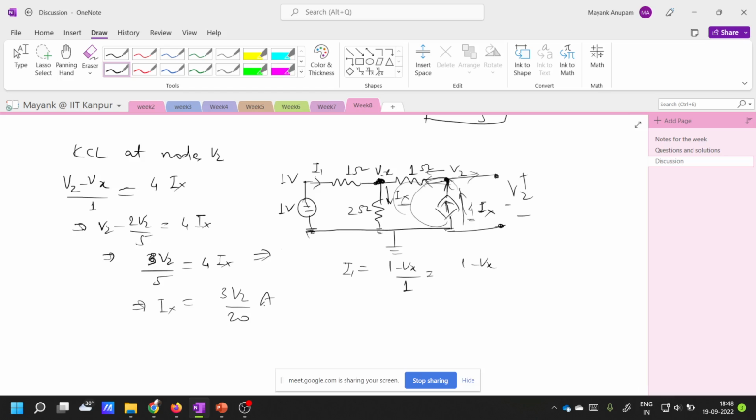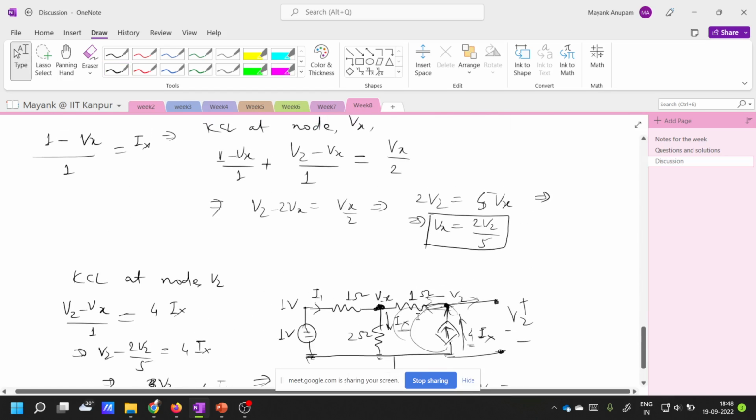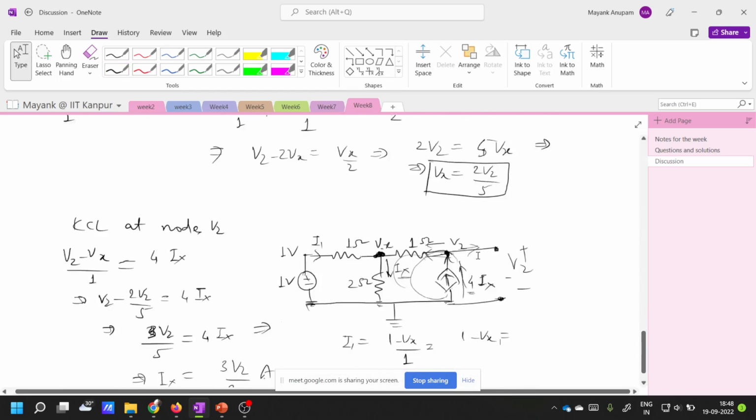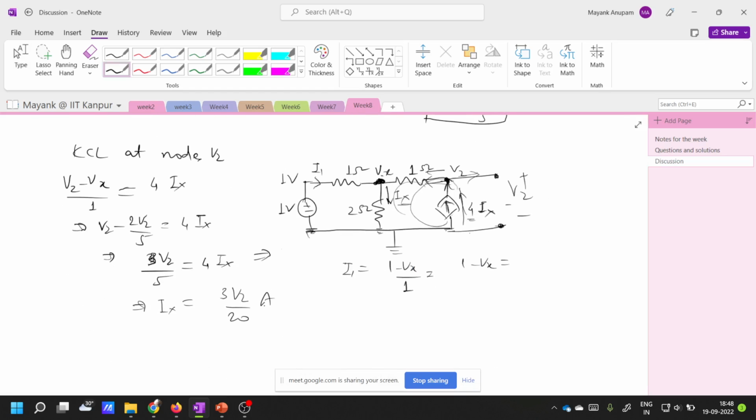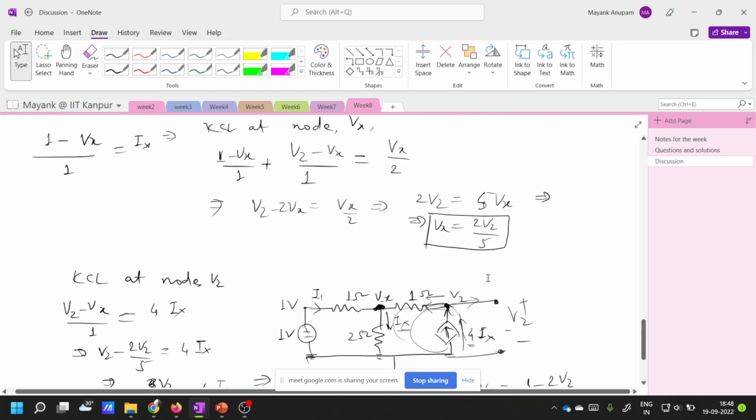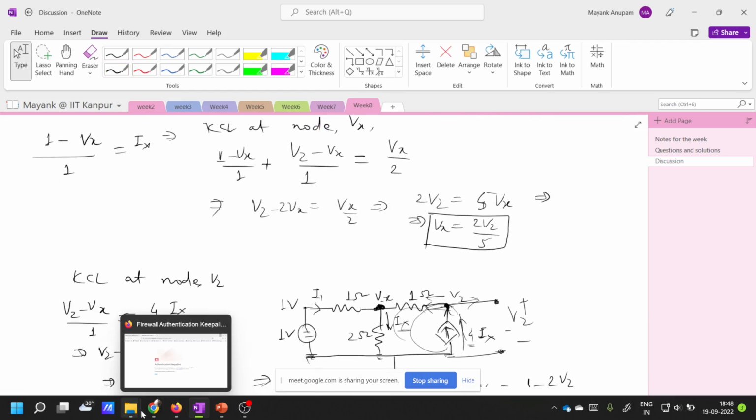So 1 minus Vx. What is Vx? Vx is equal to 2 V2 by 5, right? So 1 minus 2 V2 by 5 is equal to what? 3 V2 by 5.